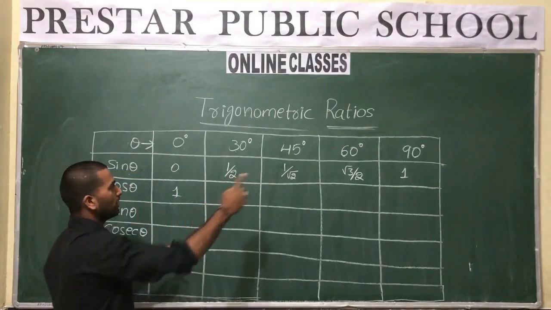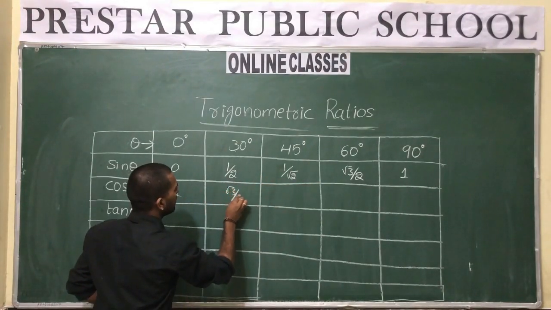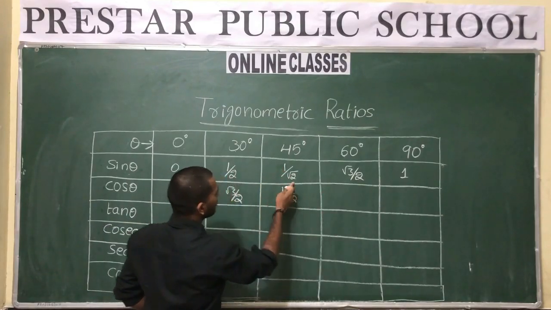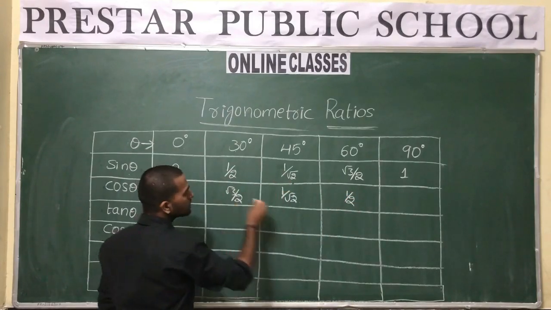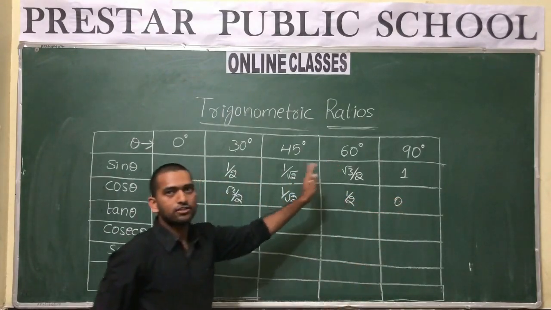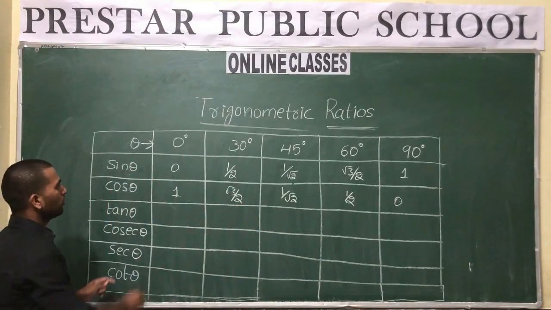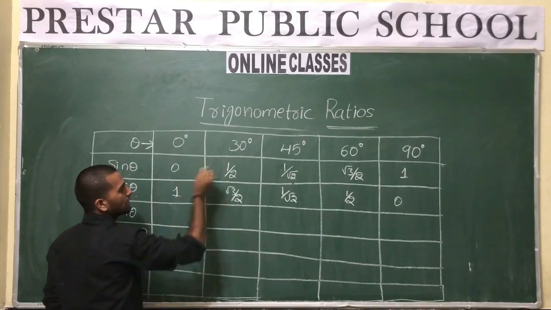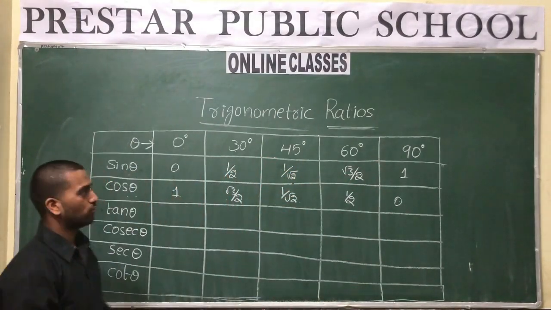In reverse order, there is 1, then root 3 upon 2, then 1 upon root 2, then 1 upon 2, and after 1 upon 2, 0. So if you write the values of sine in reverse order, you will get cos values. So cos 0 is 1, cos 30 is root 3 upon 2, cos 45 is 1 upon root 2, cos 60 is 1 upon 2 and cos 90 is 0.